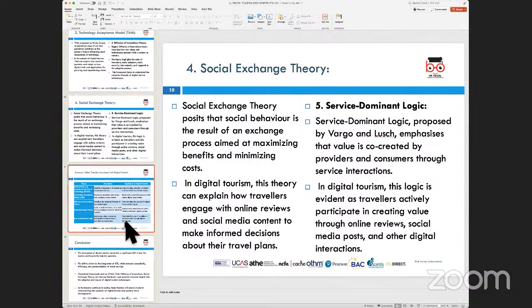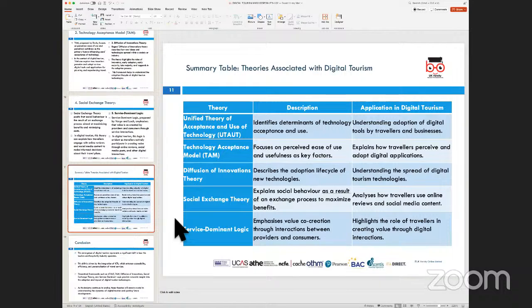Now, these major frameworks are useful when we look at the decision-making matrix of how to include technology within tourism and tourism-related activities.